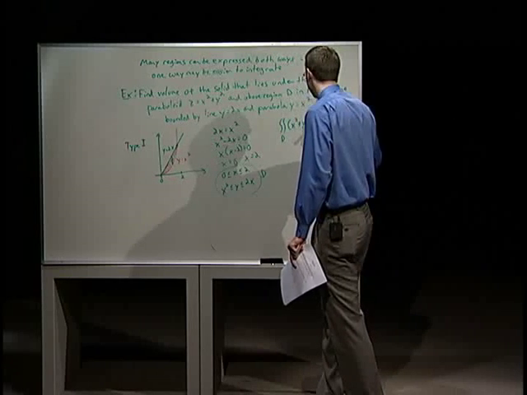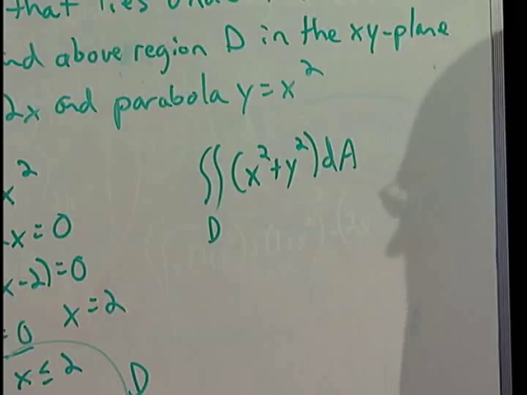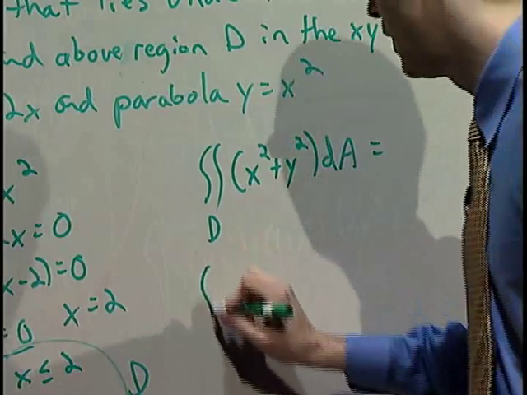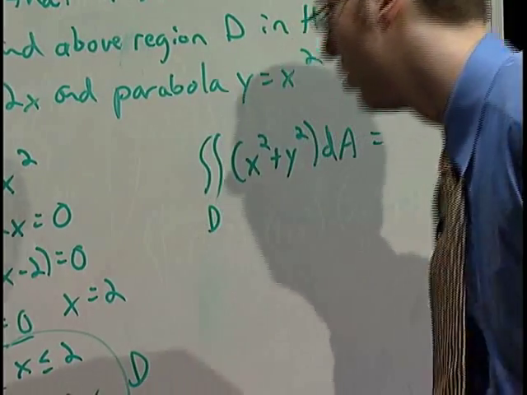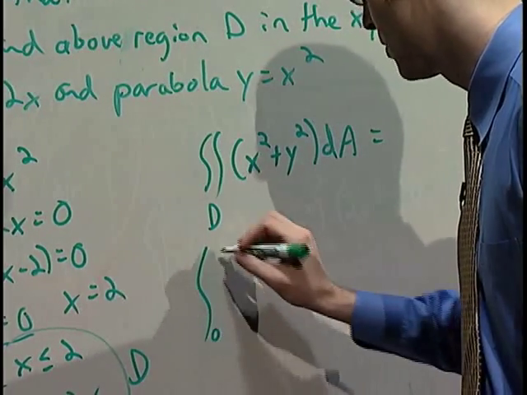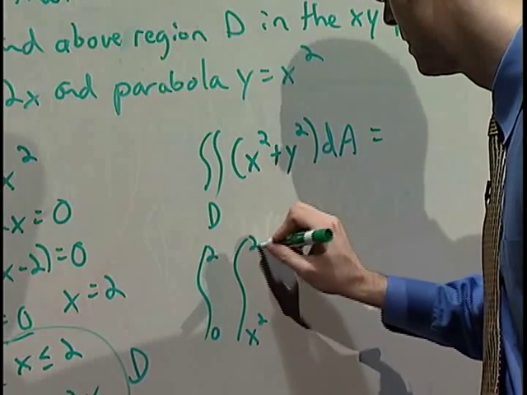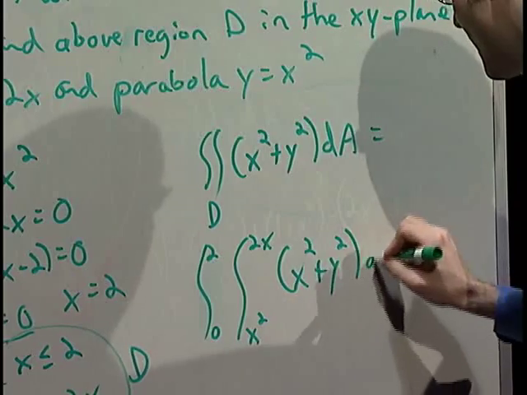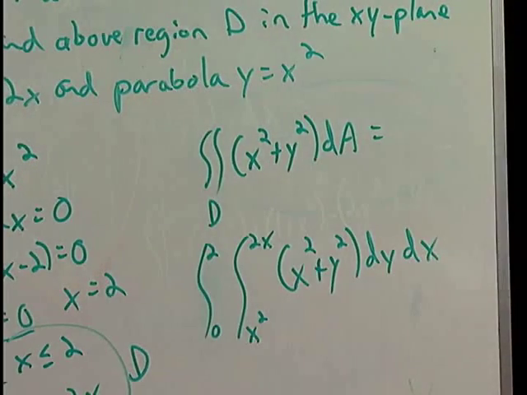If we integrate the function of the surface's height, we will get the volume. We're going to do y first, then x. The x limits go on the outside, the y limits on the inside: integral from 0 to 2, integral from x squared to 2x, of x squared plus y squared dy dx. There is the double integral we're going to deal with to find the volume.